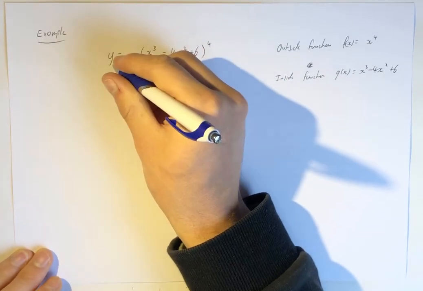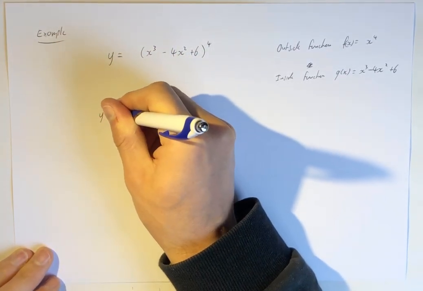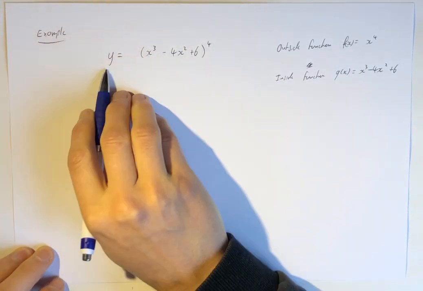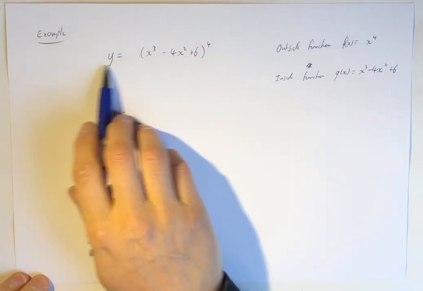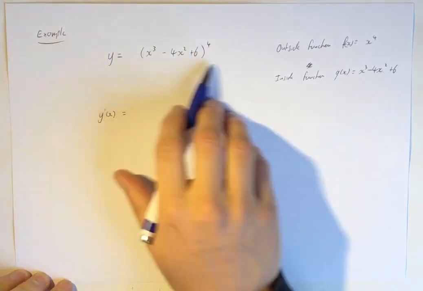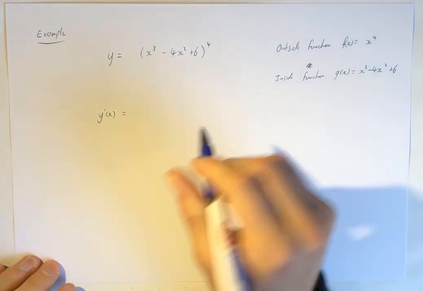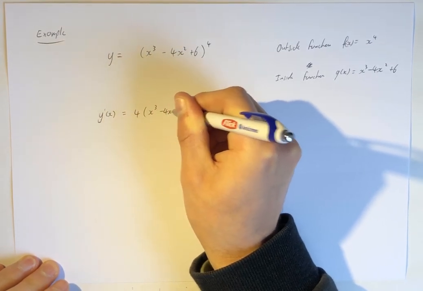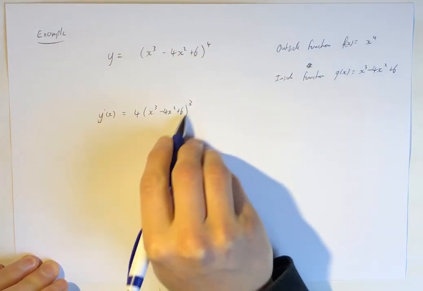And so if I wanted the derivative of this thing, so y prime of x, you could always write y as y of x, but remember this is just from that kind of year 11, 12, all your prior algebraic notation was always y, so I'm just going to do one like that. y prime of x, bring that power down, leave the inside function, reduce the power, and now times by the derivative of the inside.